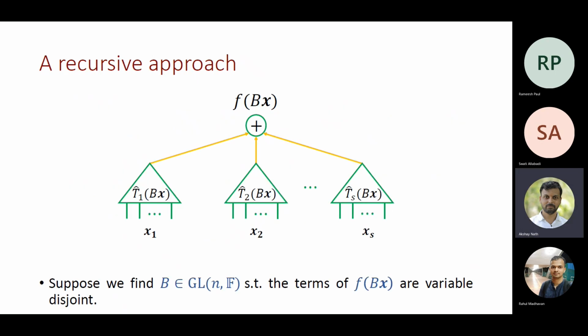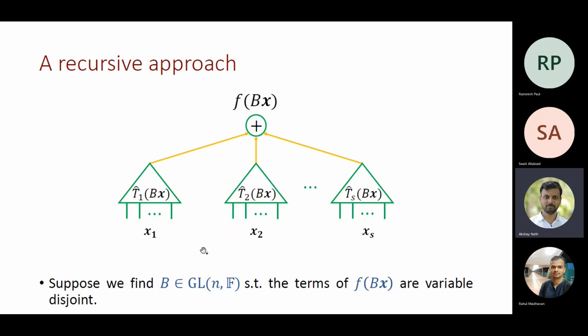Now, suppose that we are somehow able to overcome these 2 hurdles. Then what can we do? How can we proceed with the ET for ROFs? As I said before, if we are somehow able to overcome these hurdles, then using Kayal's approach, we might be able to find an invertible matrix B so that the terms of f of Bx are variable disjoint. That is, f of Bx looks like this. And let's suppose that the variable sets of these terms are x1 to xs.